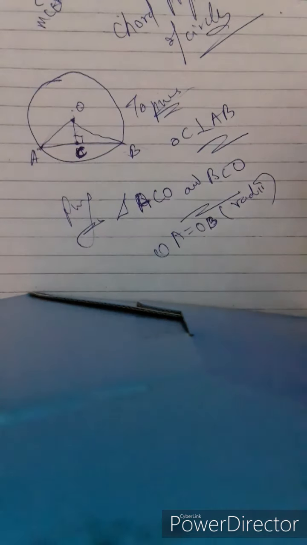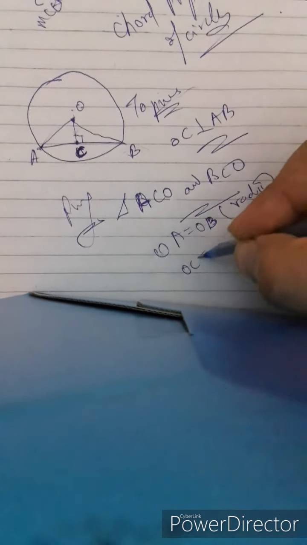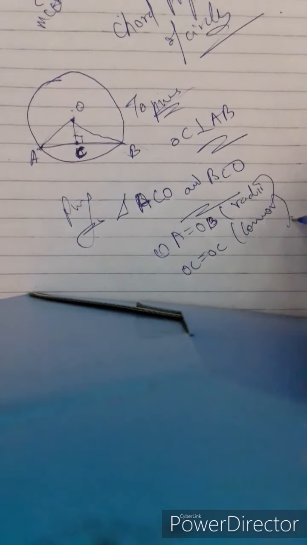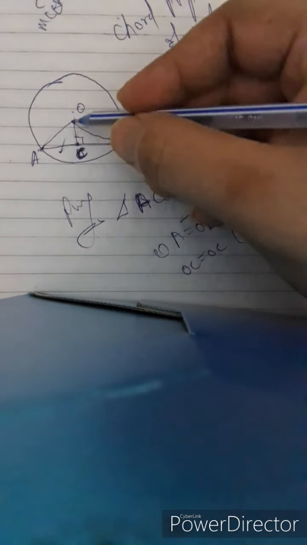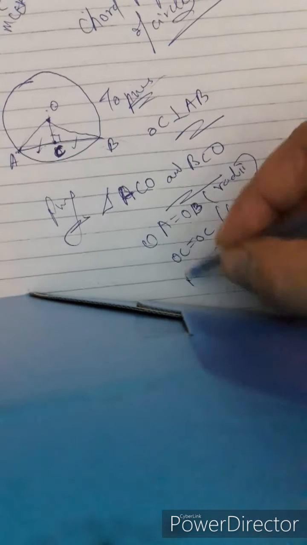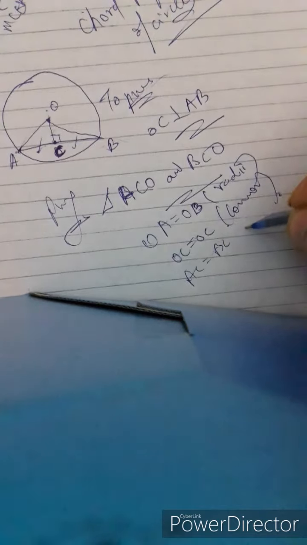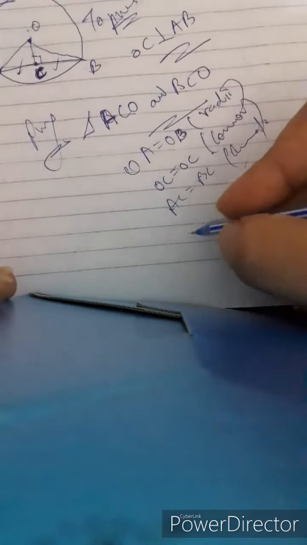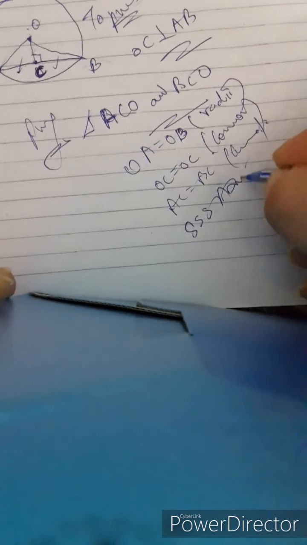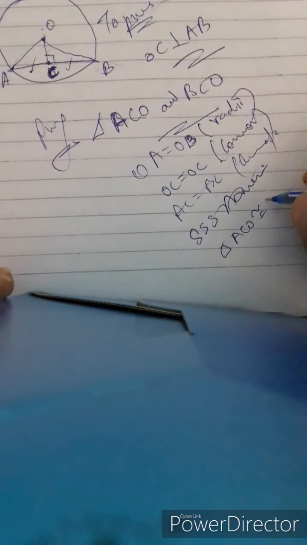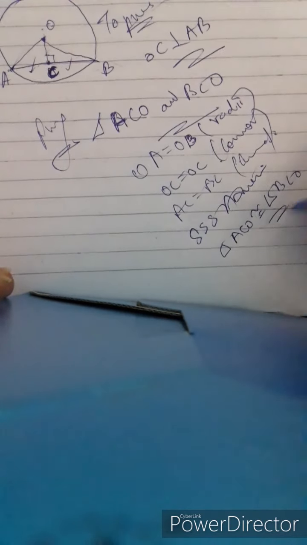Now OC is the common arm of the two triangles, so they are equal, and it is given that OC bisects AB, so AC equals BC, given it's bisecting. So by the SSS axiom, it is proved that triangle ACO is congruent to triangle BCO.